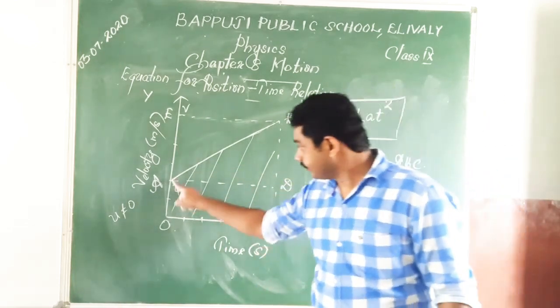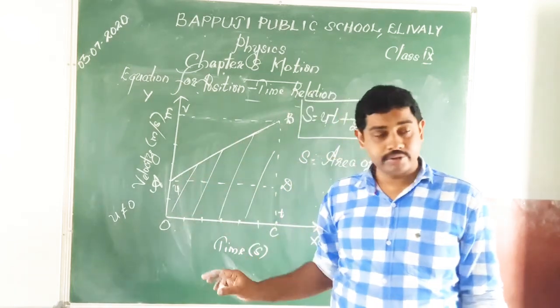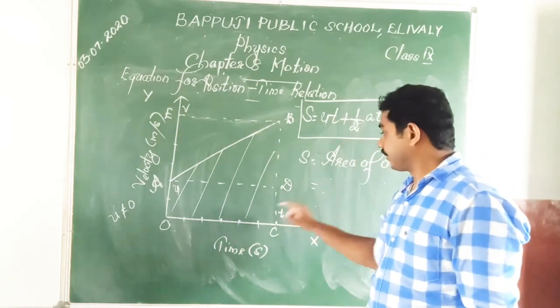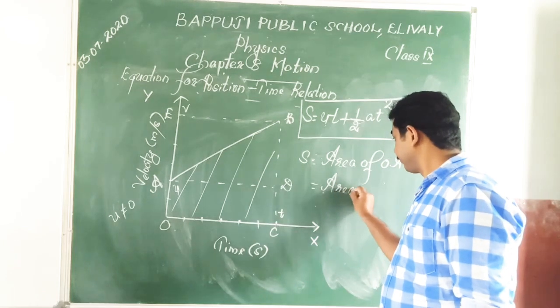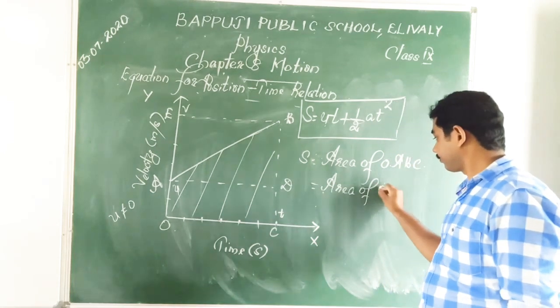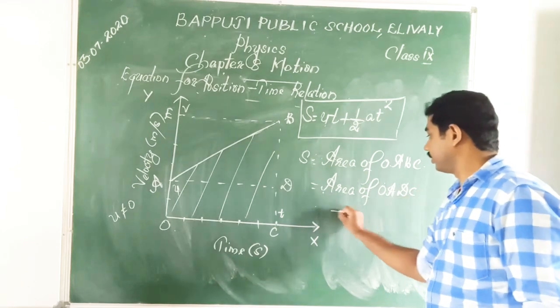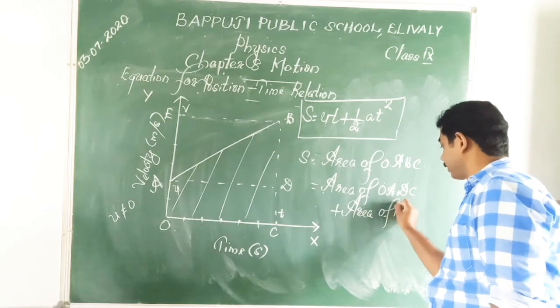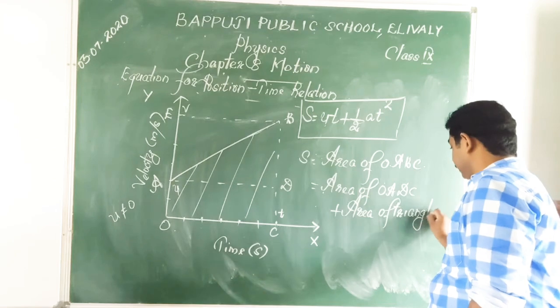So the area of this rectangle plus the area of this triangle gives displacement. Area of rectangle OABC plus area of triangle ABD.